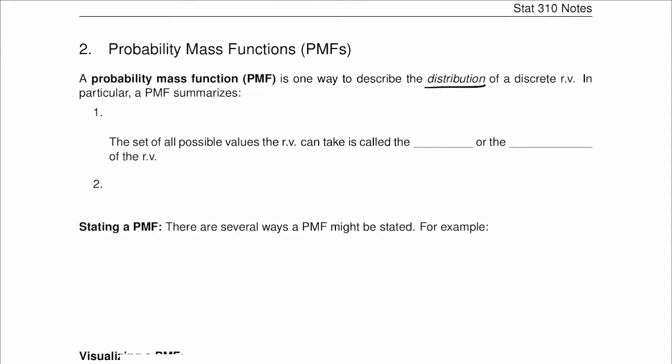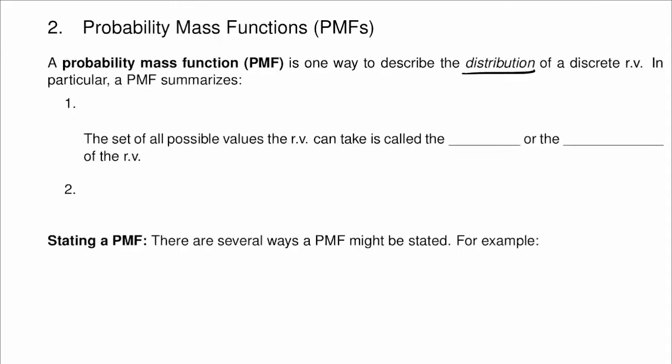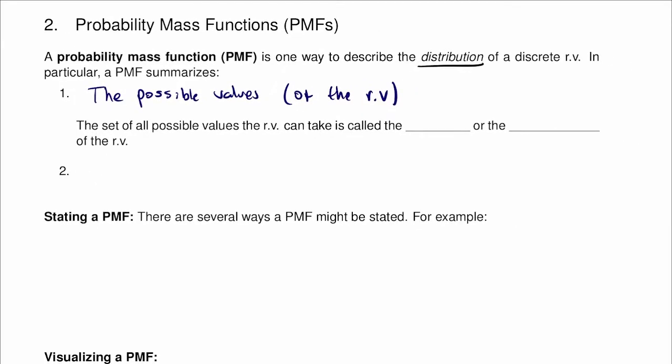The first is the possible values of the random variable. The set of all possible values the random variable can take is called the range or the support of the random variable.